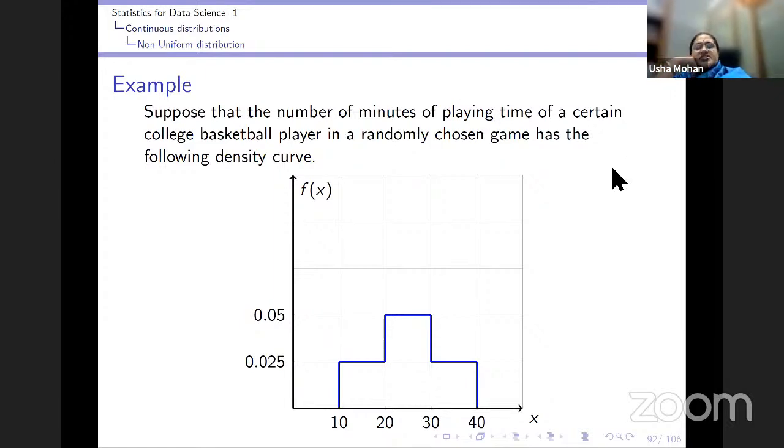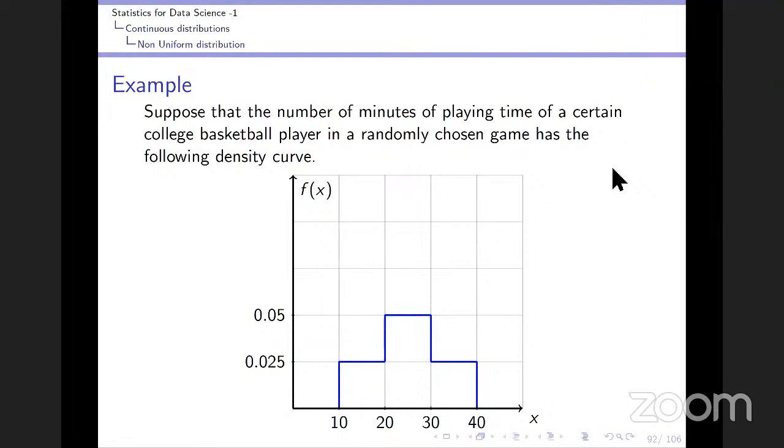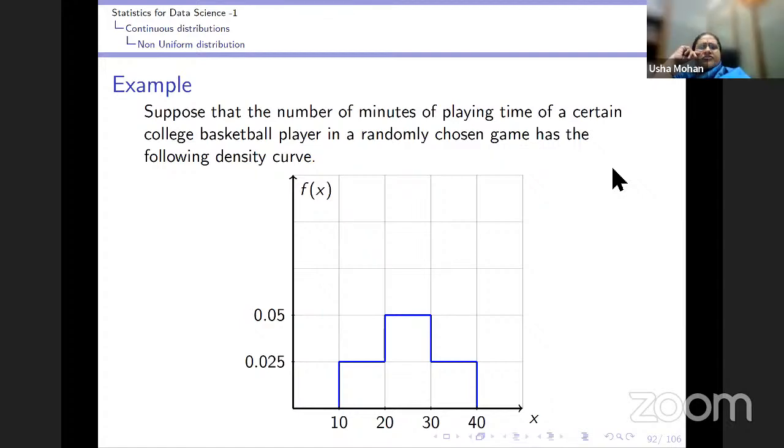How would you explain this curve? Between 10 to 20, there is a probability that... Yeah, there's a 25% chance that this person would play between 10 to 20 minutes or between 30 to 40 minutes, but the chance that they will play between 20 to 30 minutes is high, 0.5.